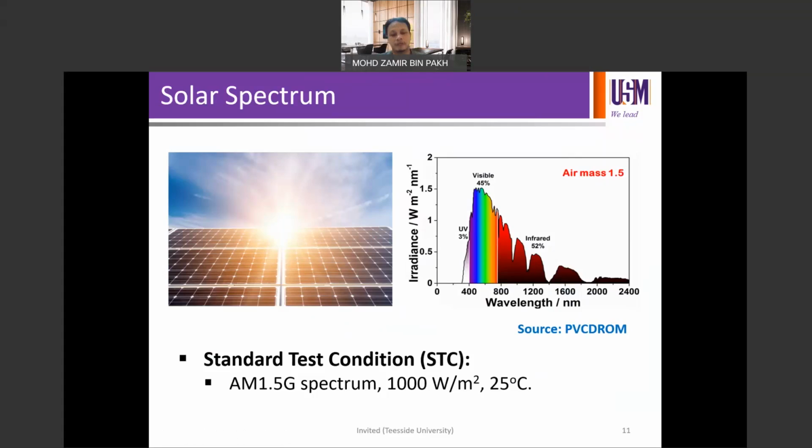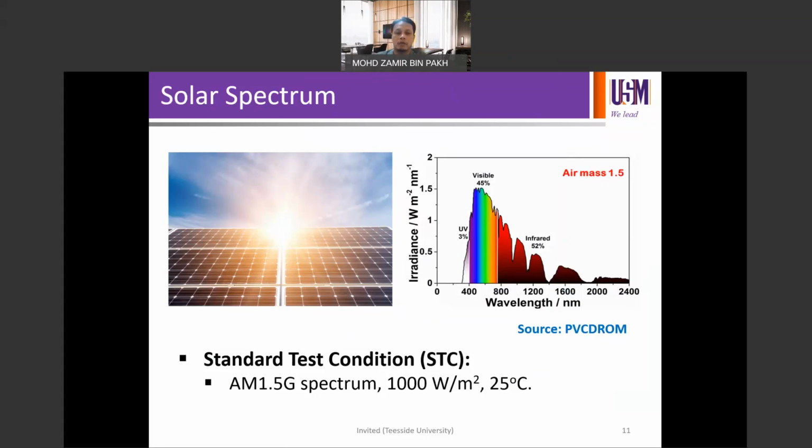This is crucial, especially if you want to declare that your new solar cell, for example, based on new material or new technologies or new device architecture, has a new world record. You need to base it on STC, and it even has to be confirmed by certified labs across the world.